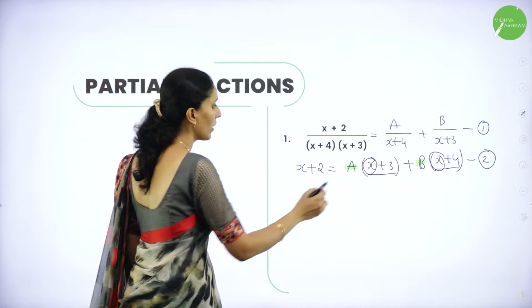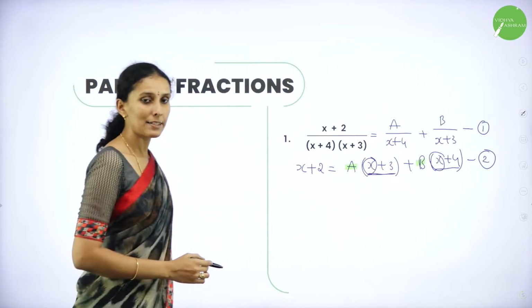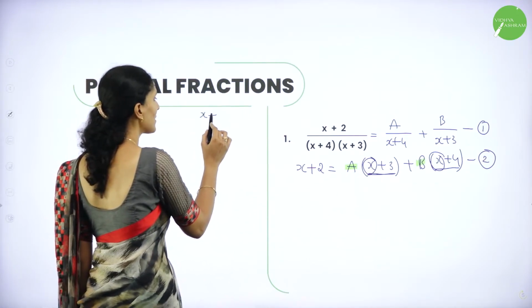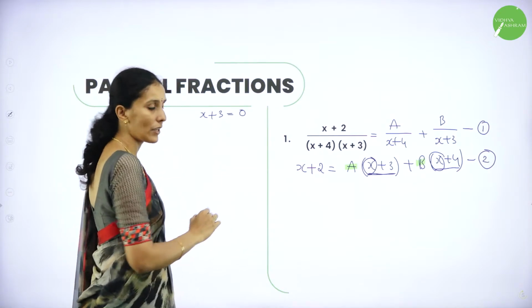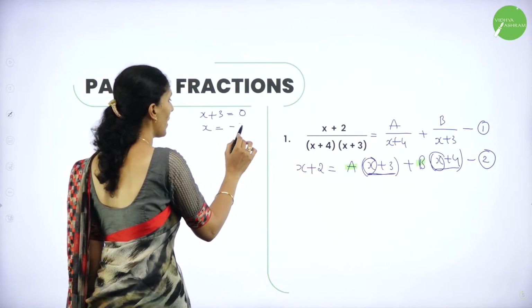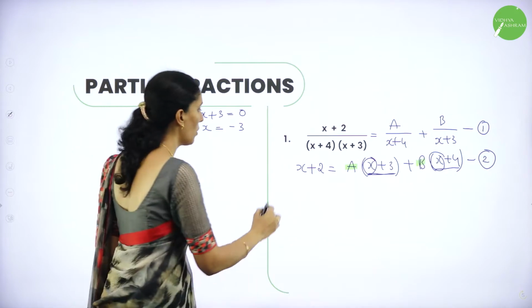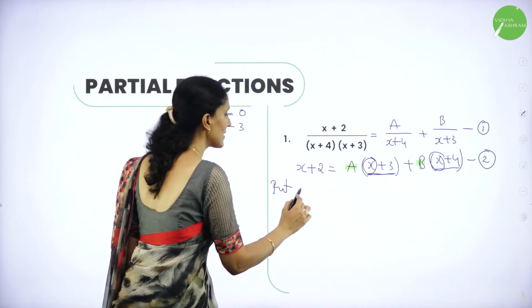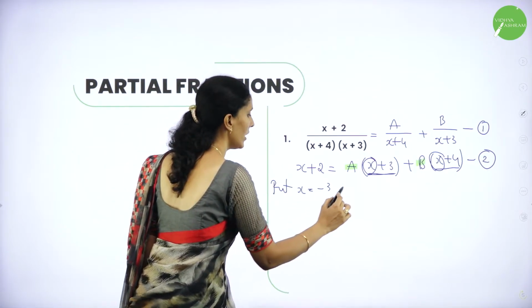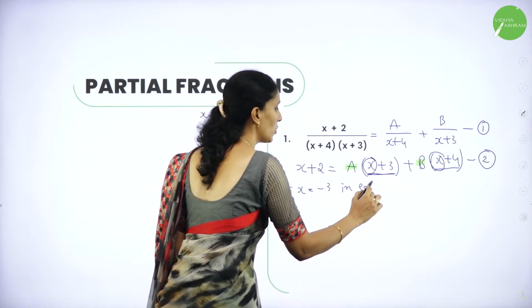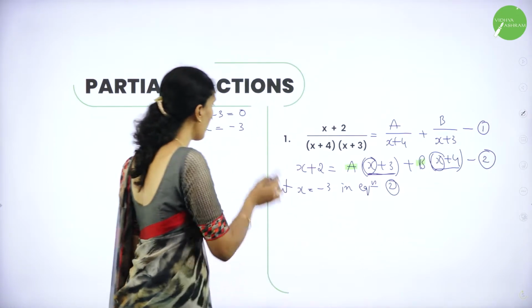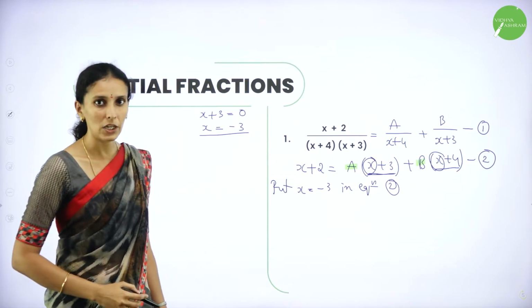We have a linear factor x plus 3 here. So x plus 3, if I put as 0, then x is equal to minus 3. So put x is equal to minus 3 in equation 2.